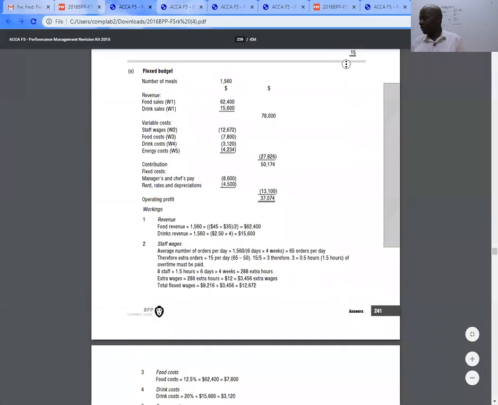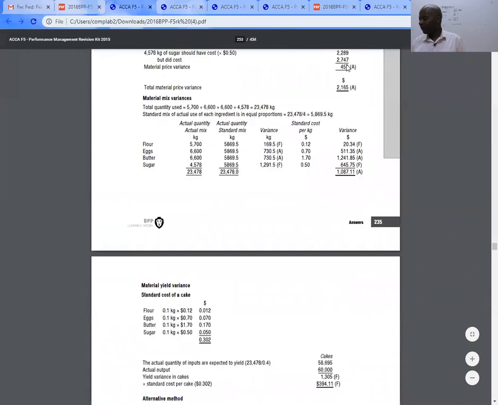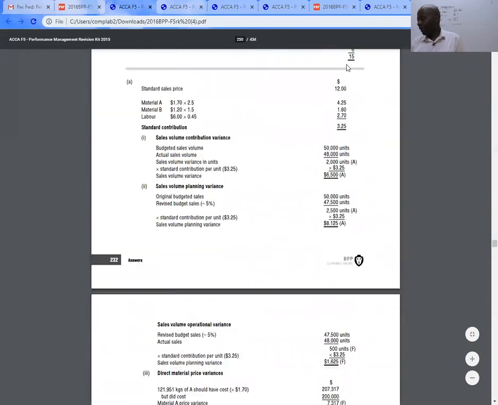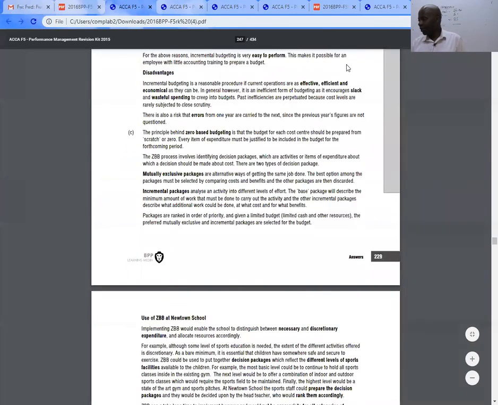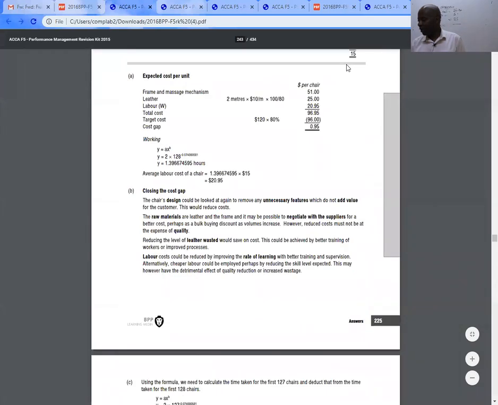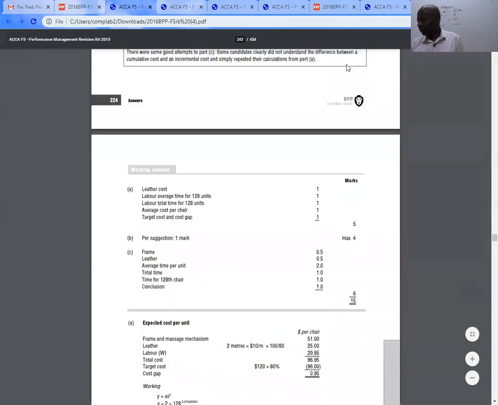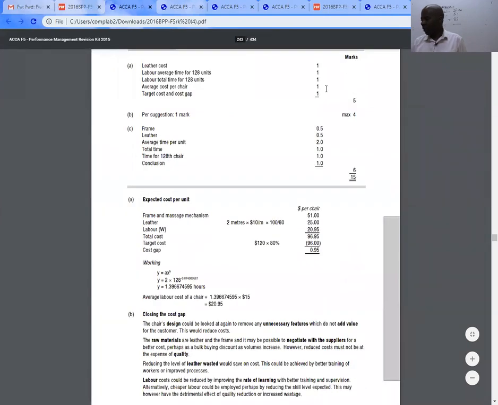Because you guys are younger than me, I'm so sure scrolling can never be a problem to you. Like you can see what they have done here, the answer they have is 96.95. And the most important thing is how they handled the loss. The loss here, this 25, how they got it.